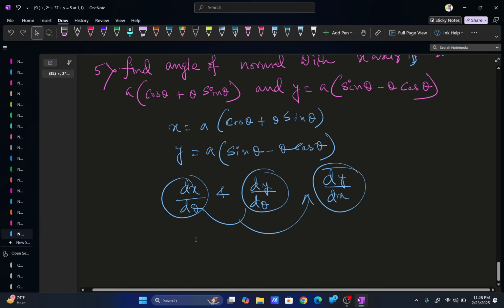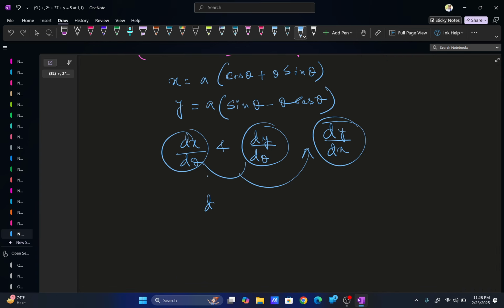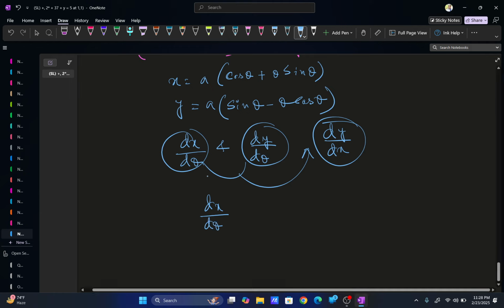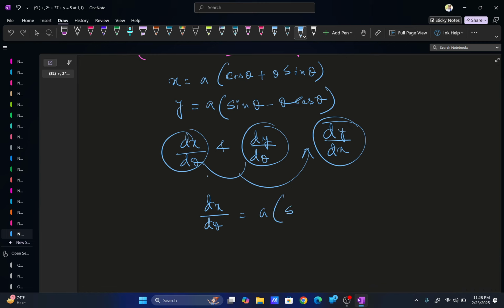Okay, so dx by d theta equals a into minus sin theta plus sin theta plus theta cos theta.